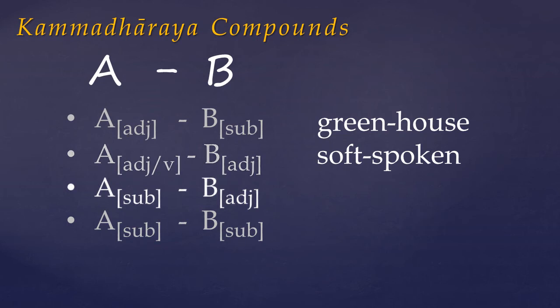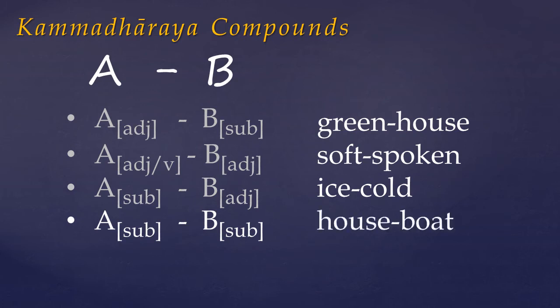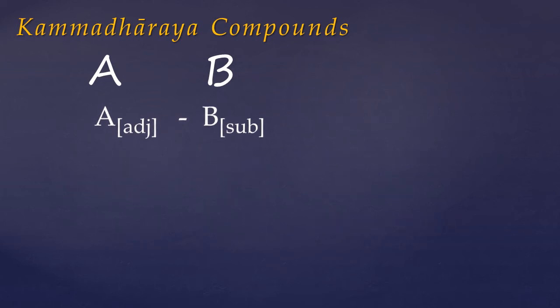A substantive may adverbially qualify an adjective, such as cold as ice, or two substantives can come together either in apposition or in a simile, a boat that is like a house. So hopefully you get the idea. Now let's look at some examples in Pali.